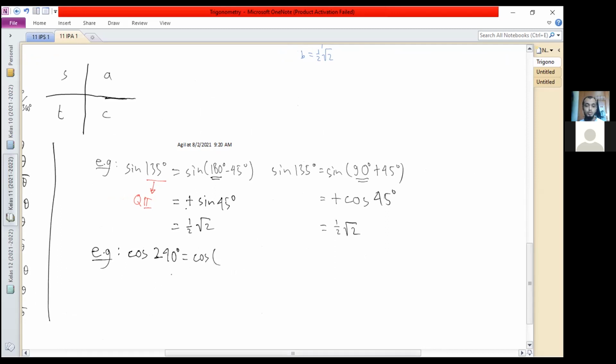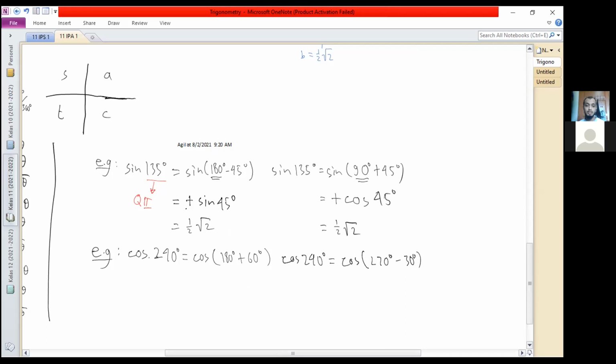So you can change 240 degrees to either 180 plus 60 degrees or, for cosine of 240 degrees, you can also write it down as 270 degrees minus 30 degrees.